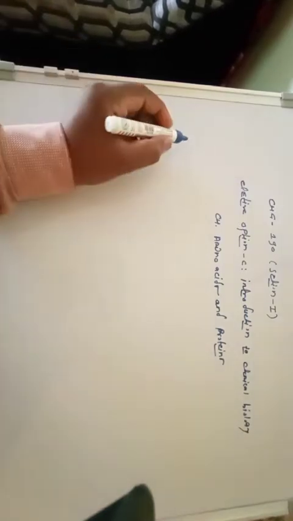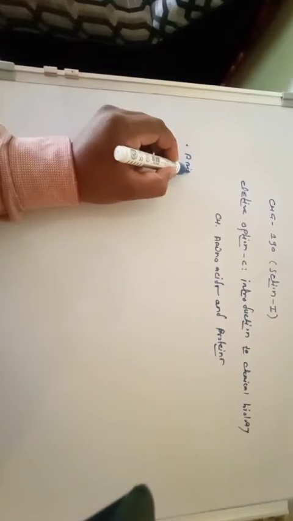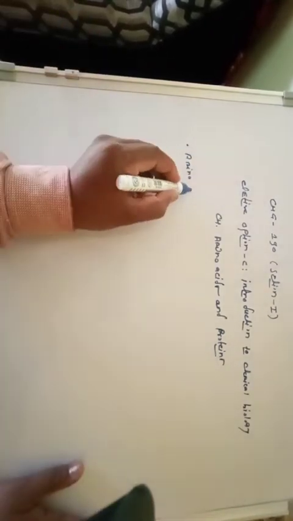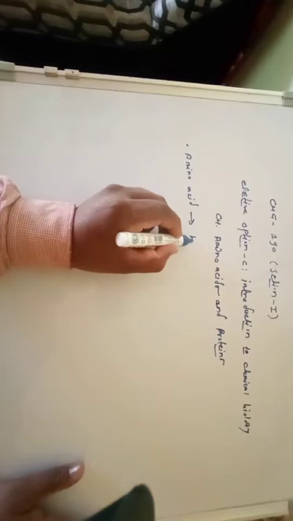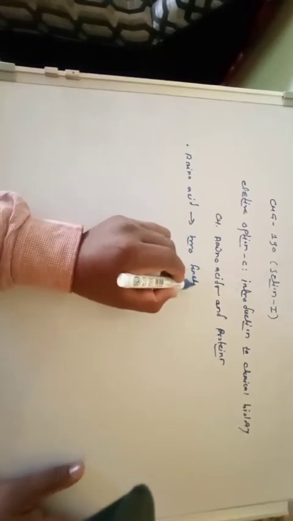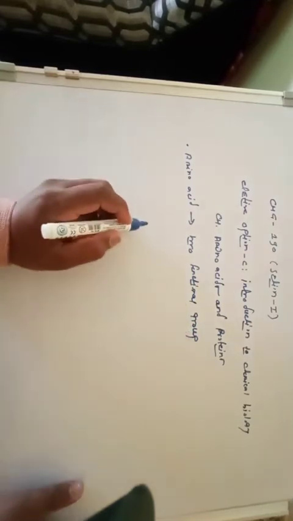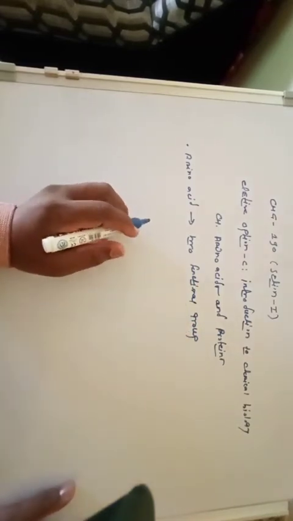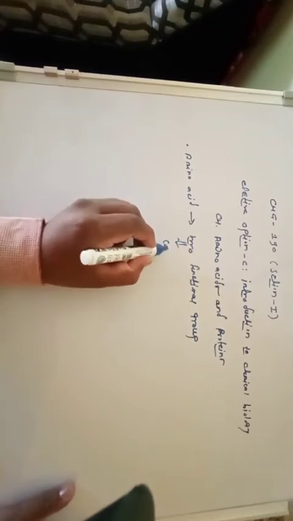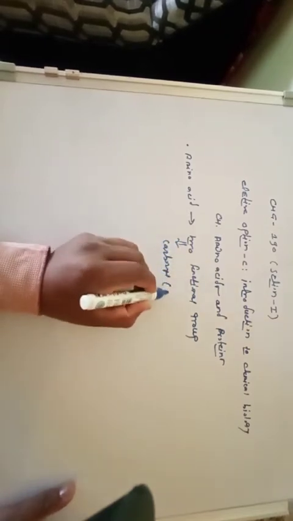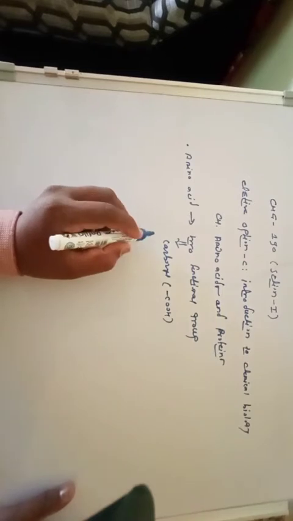So, what are amino acids? Amino acids are a group of organic compounds containing two functional groups: one is carboxyl, and the second is the amino group.